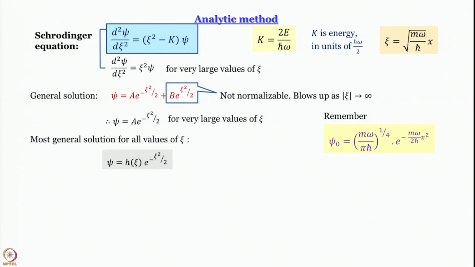So, what will the general solution be? If we think of small values of xi as well, we can restore generality by remembering that we will need this e to the power minus xi square by 2 function, exponential factor, which becomes 0 at plus minus infinity. Whatever we have has to be multiplied by it.